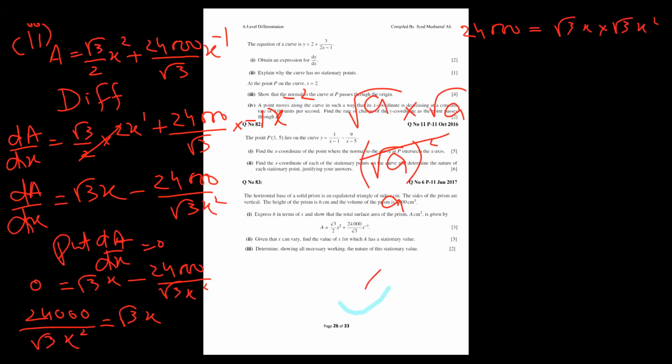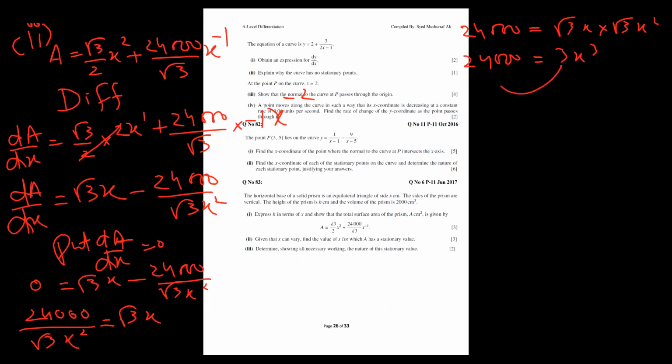Similarly, root 3 times root 3 gives simply 3. So 24,000 equals 3x cubed. Dividing down, I get 8,000 equals x cubed. Take the cube root: I got 20 centimeters. I got the x value, and up to now 3 marks are earned here. So this part is very clear.